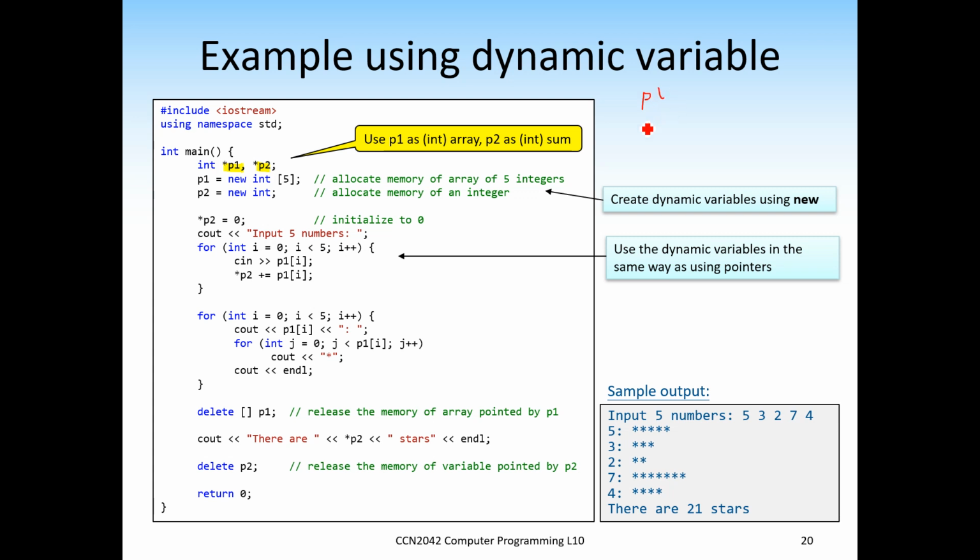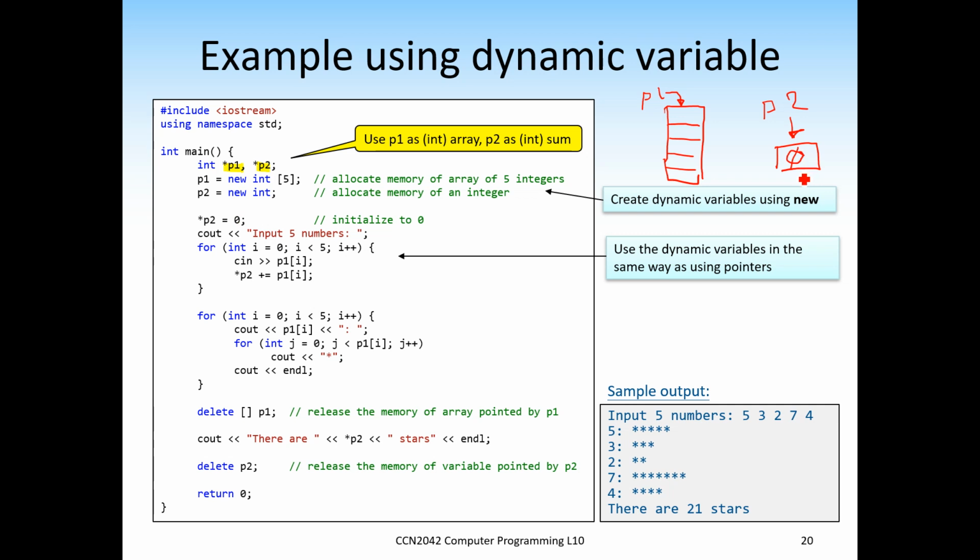P1 points to a newly allocated array, so there were 5 boxes, and then P1 points to there. On the other side, we got P2 equals new integer. It means that P2 points to a location, but there is only one single cell. When we got star P2 equals 0, it means that we reset this one to be 0.